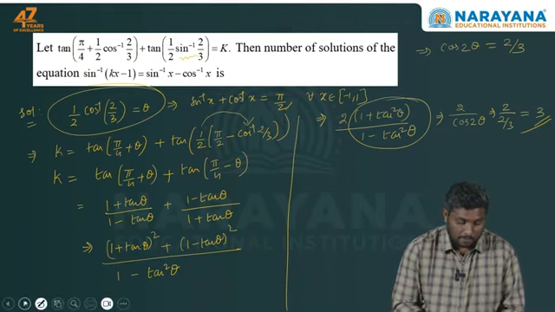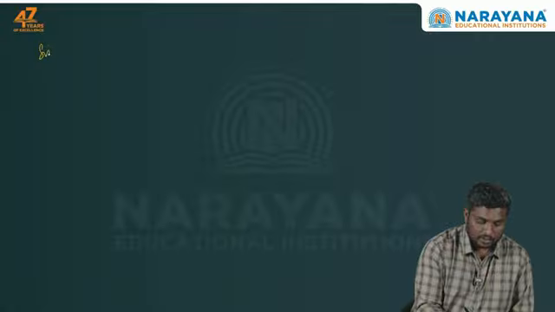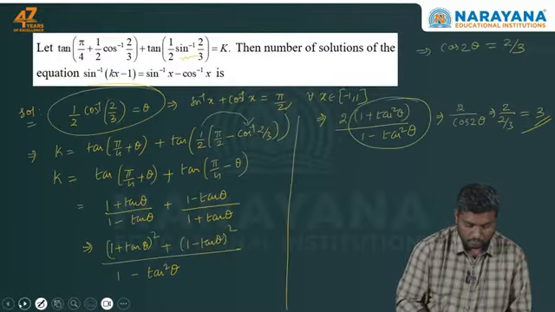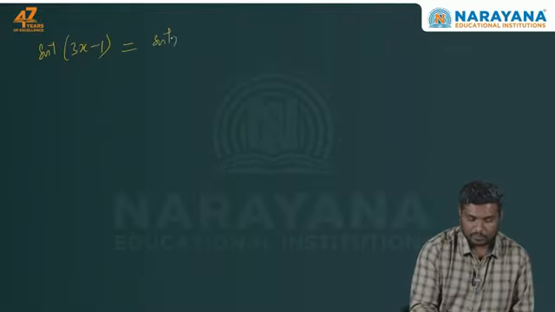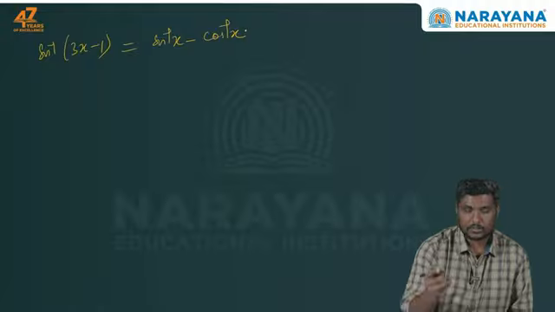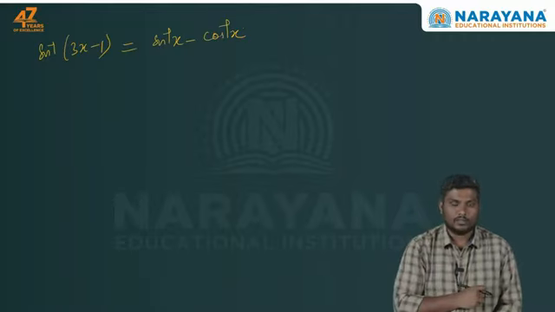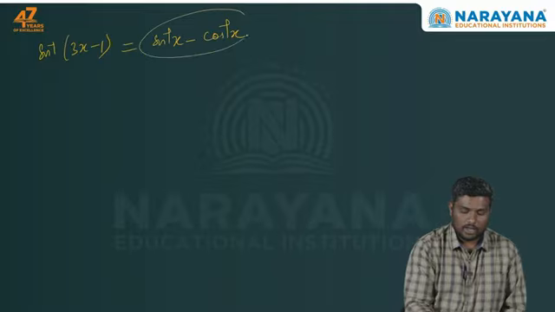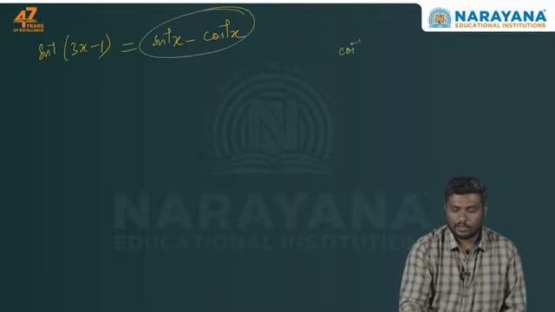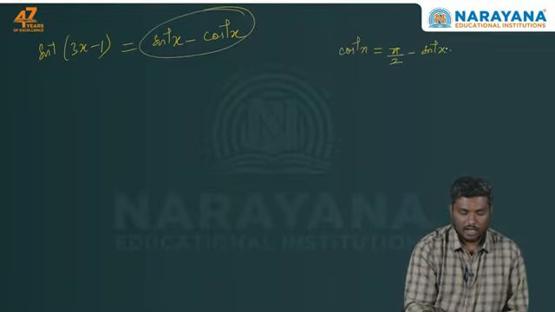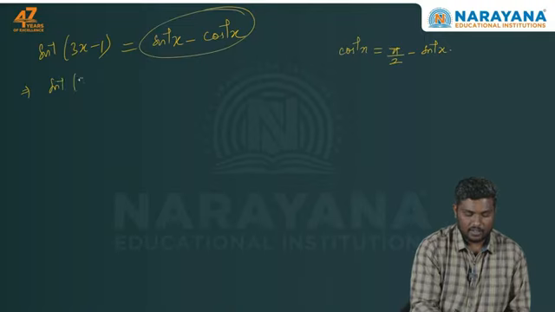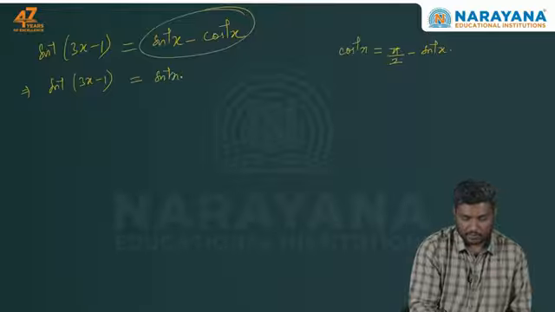Now he is asking the number of solutions for sin inverse(3x minus 1) is equal to sin inverse x minus cos inverse x. Now guys, on the right, I can write cos inverse x is equal to pi by 2 minus sin inverse x, and this is going to be sin inverse(3x minus 1) is equal to sin inverse x minus (pi by 2 minus sin inverse x).